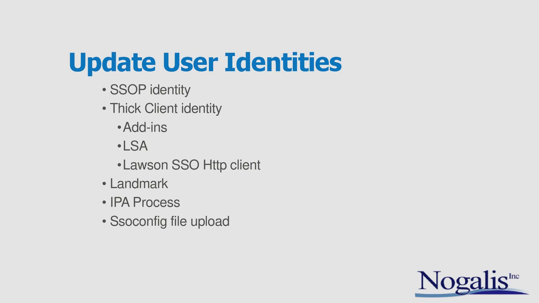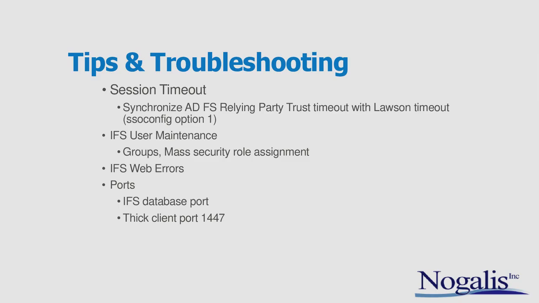We already have an IPA process written that gets Active Directory information and then loops through and updates the SSOP IDs and adds the fit client if it's needed. But you could also accomplish this using an SSO config file upload. Basically, you don't need to go through and manually do your users one by one, and we can help with doing it programmatically.